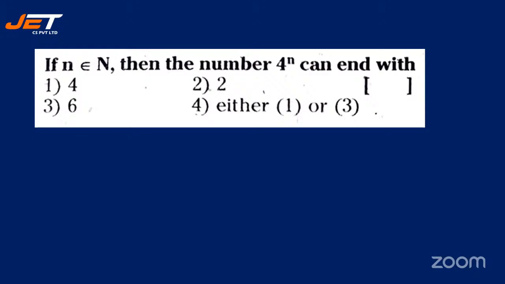That is either 4 or 6. All right. So if n is an element of N, then the number 4 power n can end with dash. 4, 2, 6, either 1 or 3.